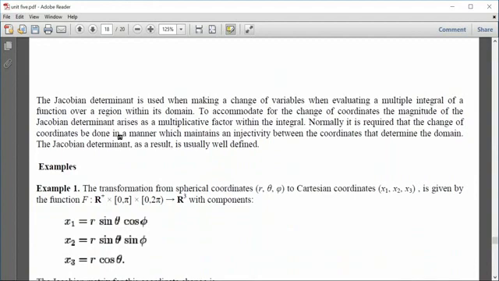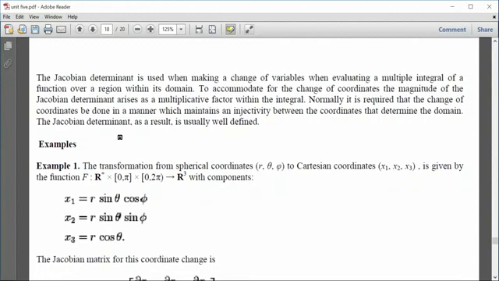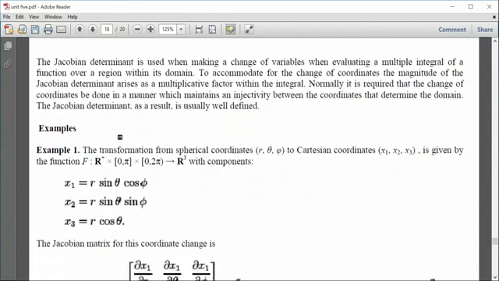Here they are giving us the use of the Jacobian determinant. The Jacobian determinant is used when making the change of variables, when evaluating a multiple integral of a function over a region within its domain.